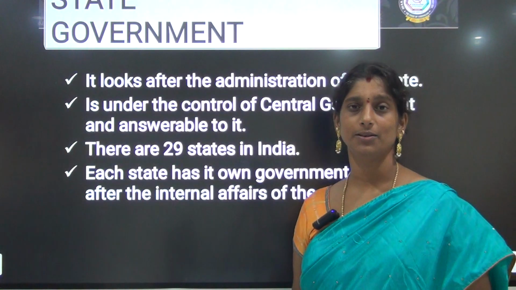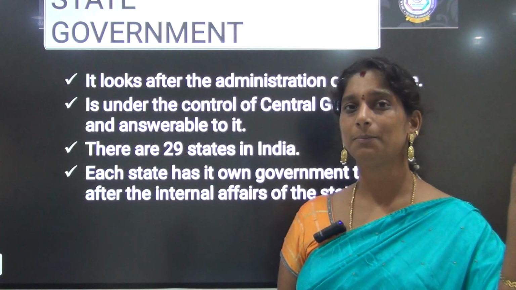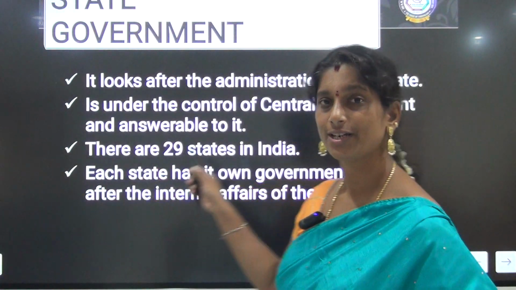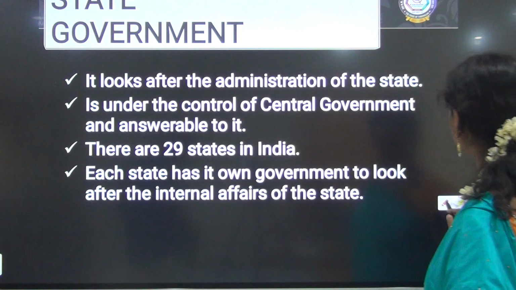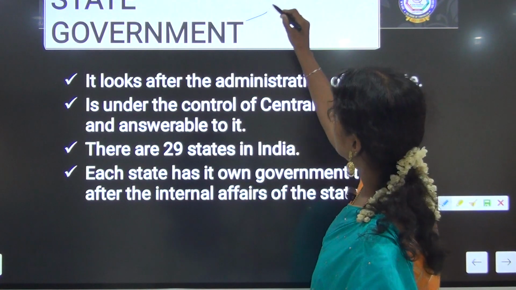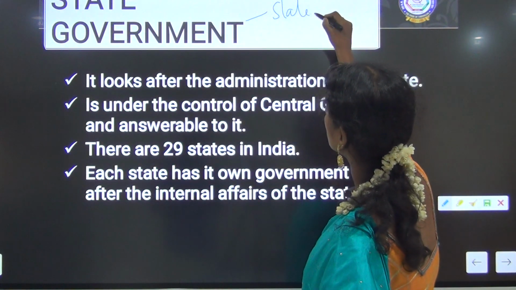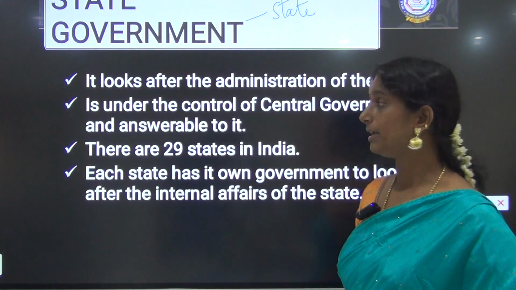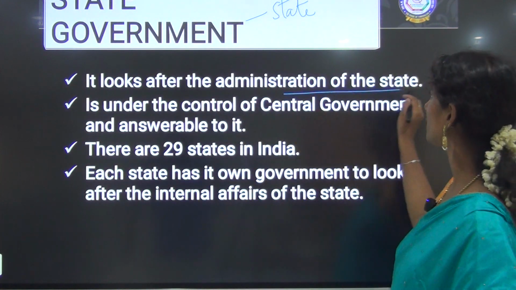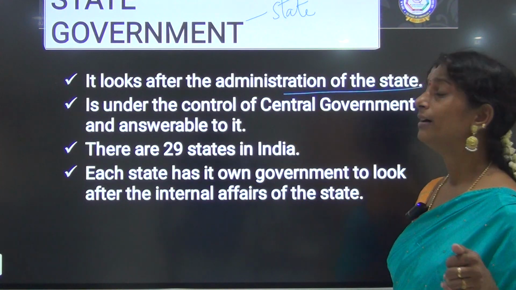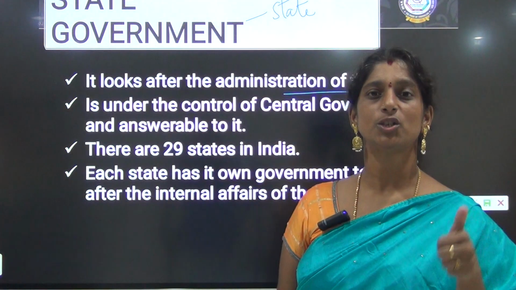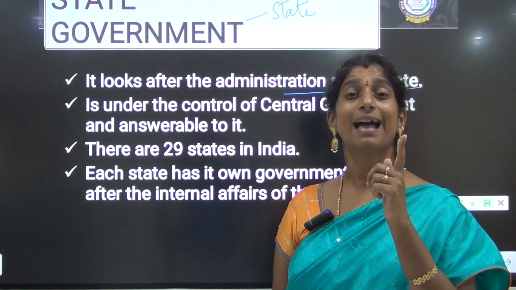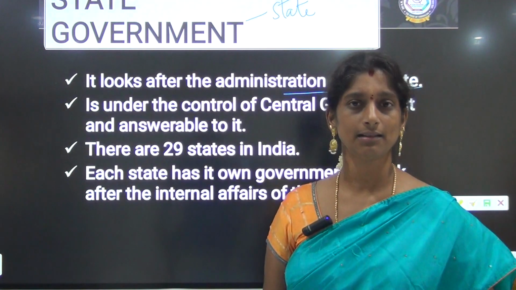Then comes state government. So as we have seen, central government controls the entire country. So what is the work of state government then? State government controls the entire state. It takes the control of the state completely. Okay, so the administration of the state, and this state government comes under the control of central government, which means state government is answerable to the central government.